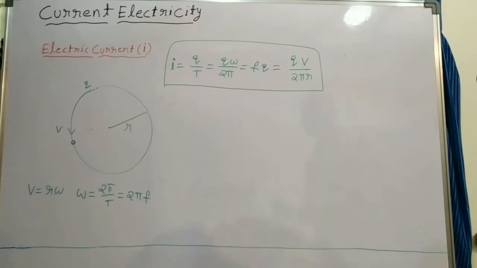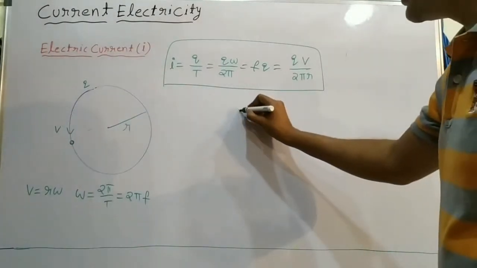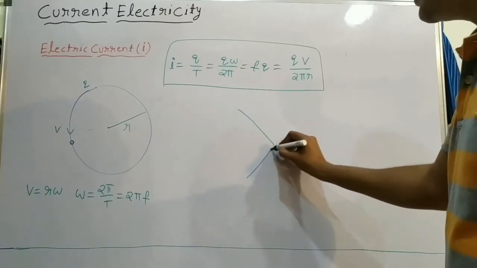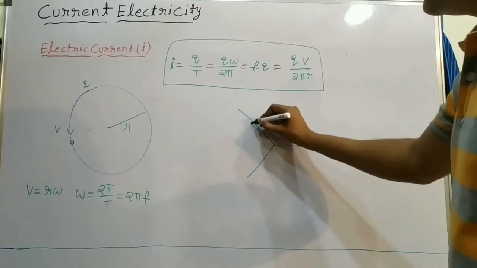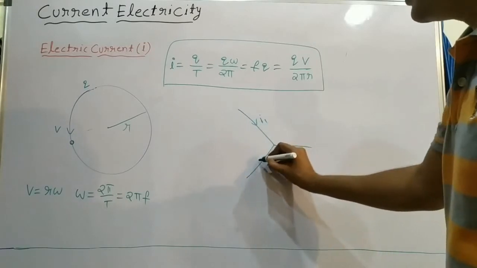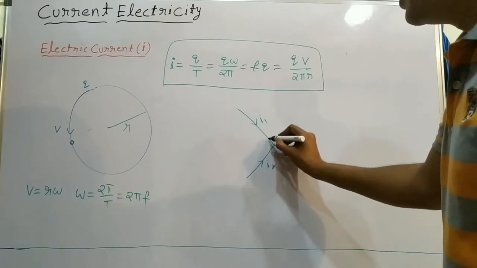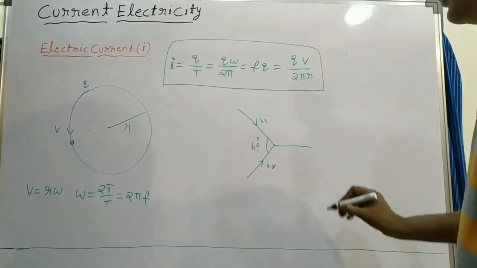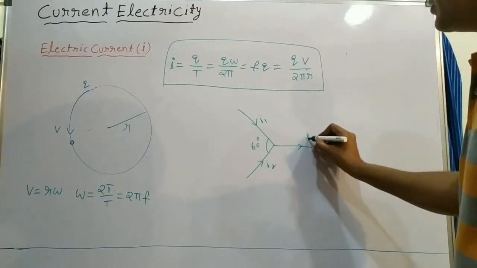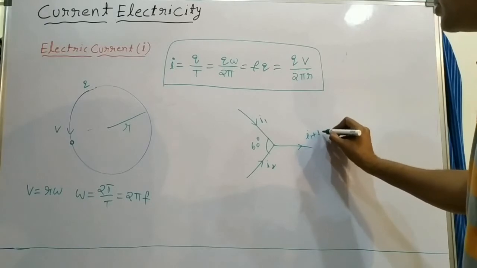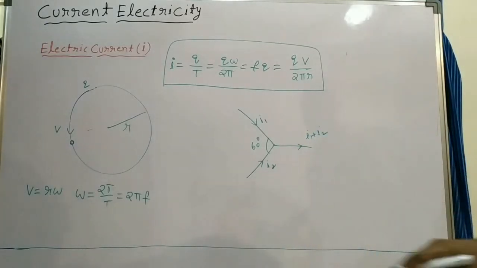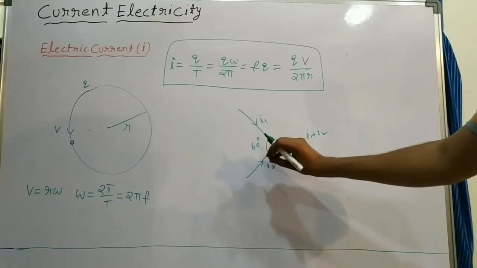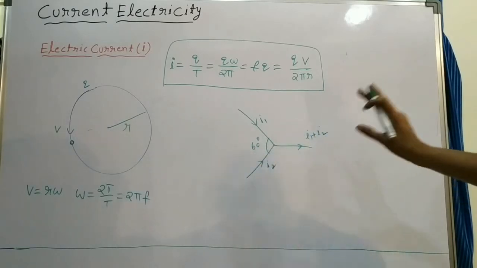even though it is a scalar quantity, because it fails to follow the addition of vectors. Suppose for example you take two conductors like this. Here current is I1, here current flows I2. The angle between those two wires is 60, and the resultant we get is I1 plus I2. Whatever the angle between these two conductors, the resultant is I1 plus I2 only.